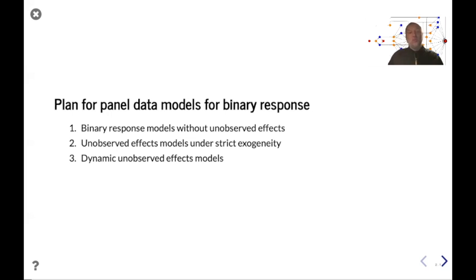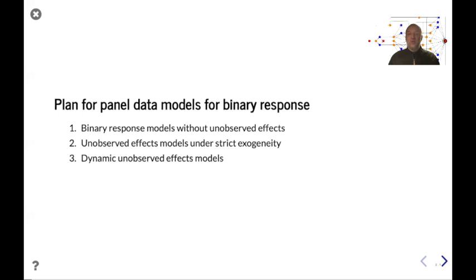Then after that, we move on to explicitly modeling the unobserved effect. The unobserved effect is going to be interpreted in the usual way. It's an individual-specific persistent effect that's constant through time. And then we will try to develop models to deal with that, just like we did in our treatment of linear panel data models.